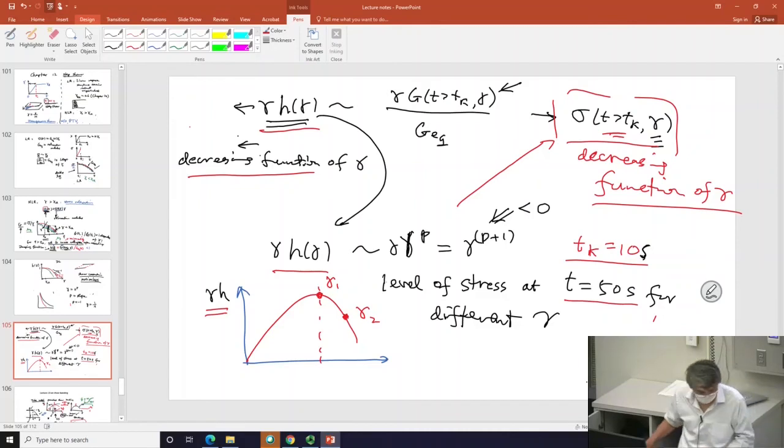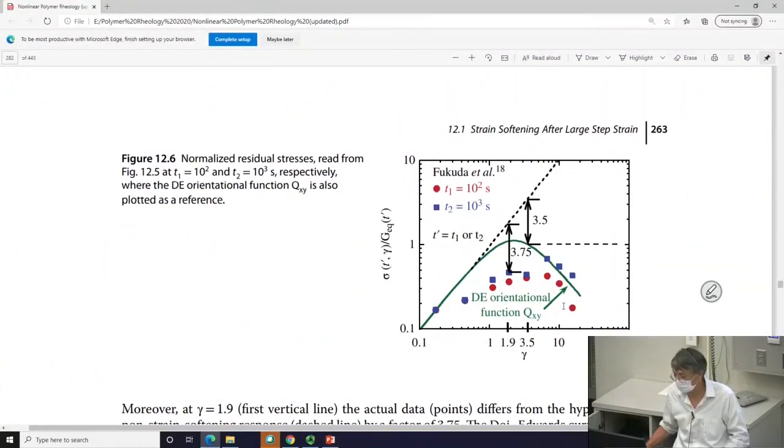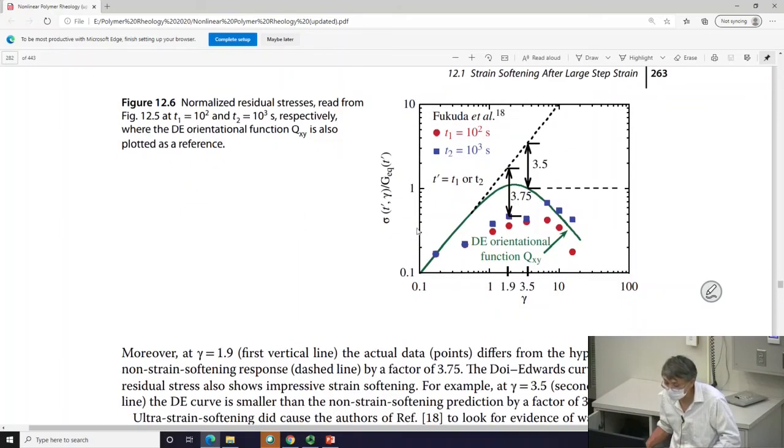Oh, it is there. Here's the summary of the data. The experimental data that we just examined, if you plot it in this H function, it is this either red or the square.